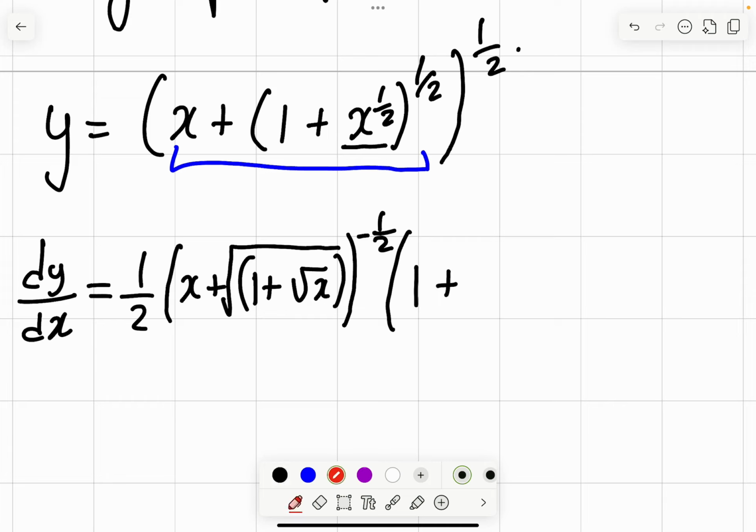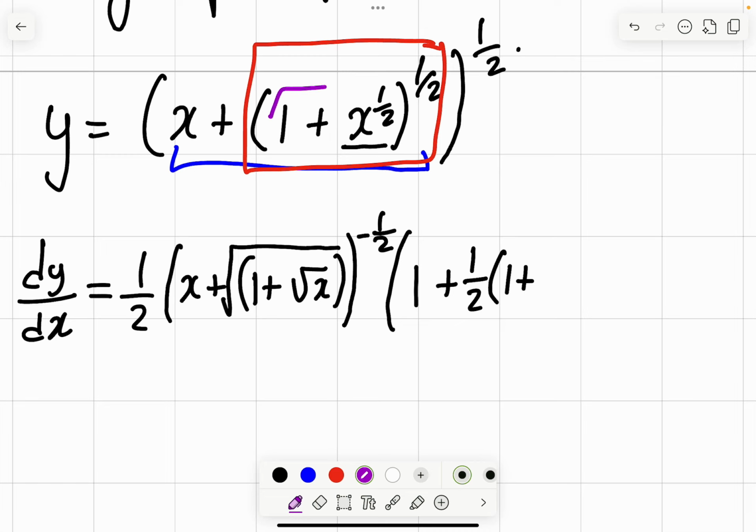Here, I'm going to use the quotient rule, chain rule also. Understand? So I'm going to drop 1 over 2 there, 1 over 2. Therefore, I keep the inner function, which is this one. Now, after keeping that one, I subtract 1 there and remain with negative 1 over 2.